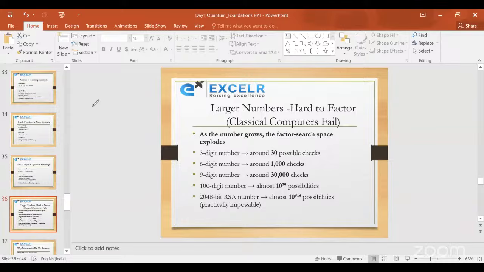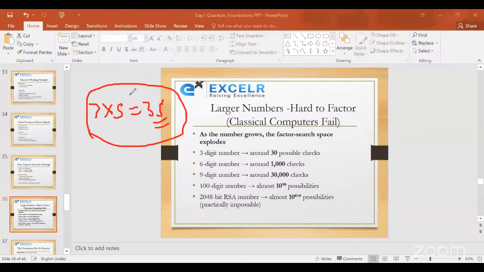Everybody knows that with the multiplication of numbers, we find the output very easily. And we have to see all these things from two points of view. First, from the mathematics point of view, and second, from our computer point of view.